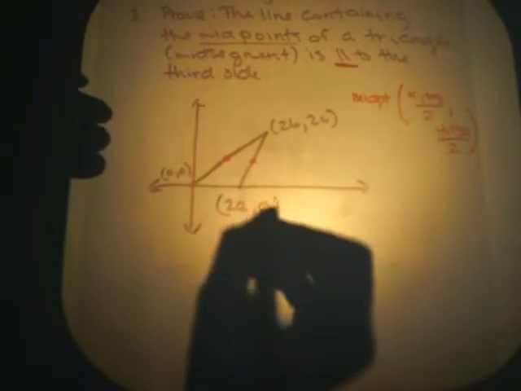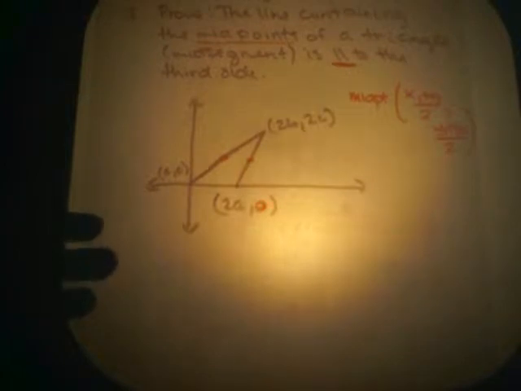Anytime you see midpoints, it is easier to do them in multiples of 2. So instead of using b, c, and a, 0, I multiplied everything by 2 just to make our life a little bit easier. We don't want to use fractions if we don't have to. So you can go ahead and change that on your worksheet, and we're going to go through it with the multiples of 2.